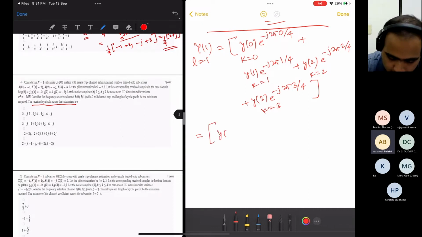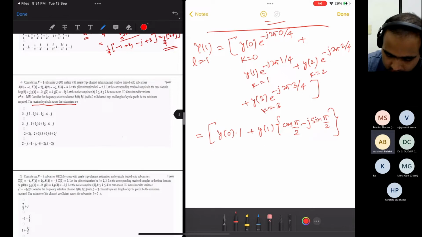Okay, so we have y of 0 and e to the power 0 is 1. All right, straightforward. Plus y of 1. Now what do we have? So this is pi by 2. So this is cos pi by 2 minus j sine pi by 2.